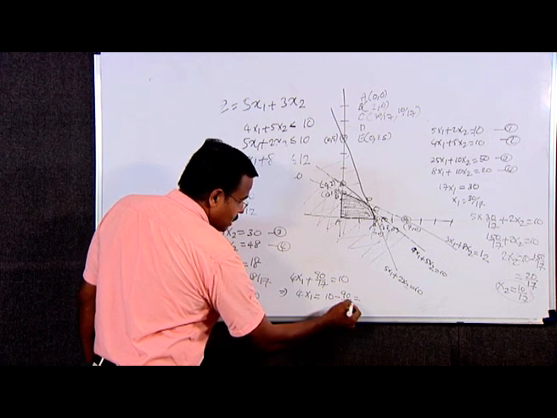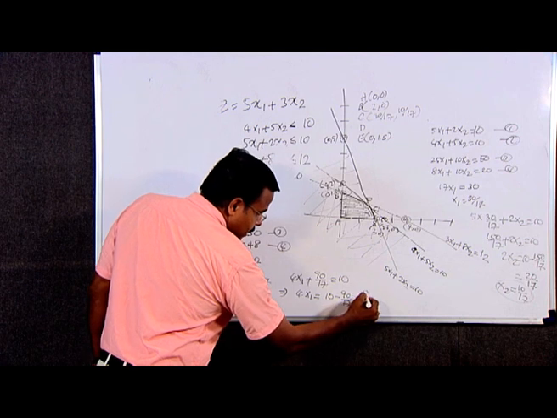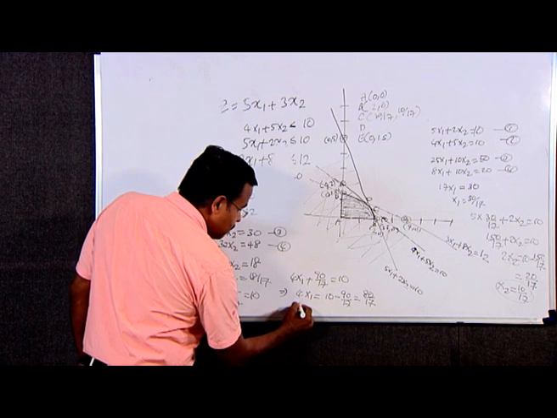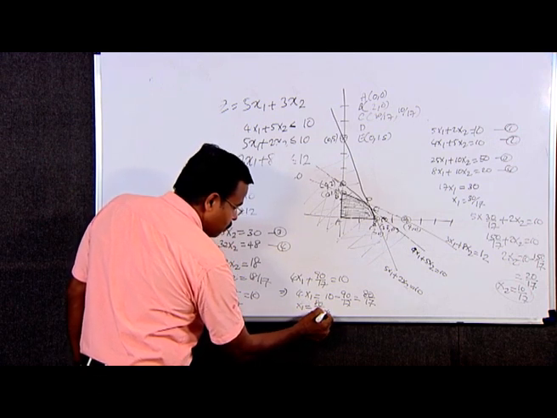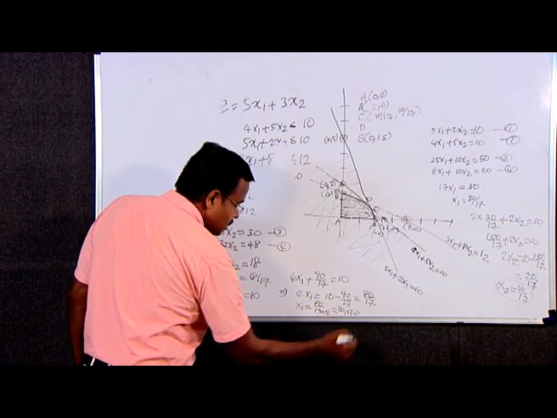That is 170 minus 90, that is 80 divided by 17, or this implies x1 is equal to 80 divided by 17 into 4, 4 and 80 can be cancelled, that is 20 divided by 17.